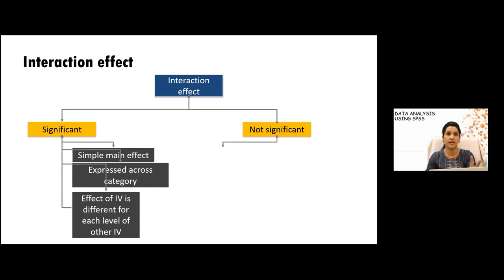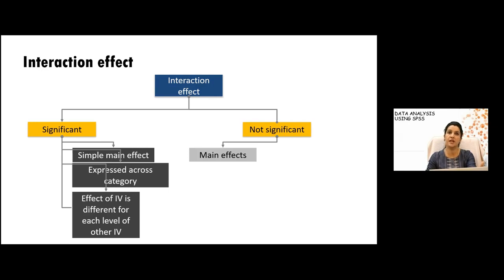But when the interaction is not significant, then we report main effect. So there are two terms, simple main effect and main effect. By saying simple main effect, I mean that the interaction is significant, and then the effect of this independent variable is different for each level of another independent variable.